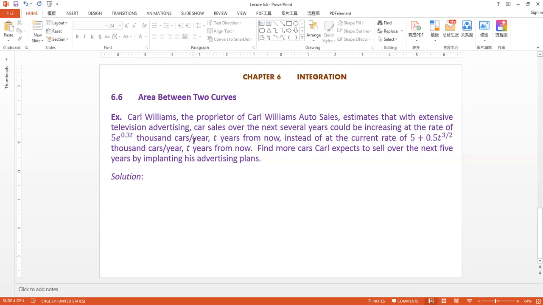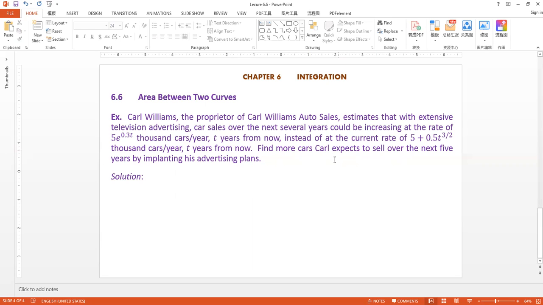Okay, so these are two different rates of change. We can consider them two different functions, or if you plot the graph, two different curves. And we need to find how many more cars he expects to sell over the next 5 years if he implements the new plan.